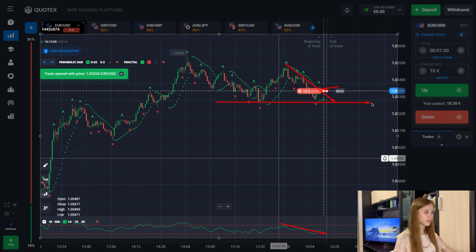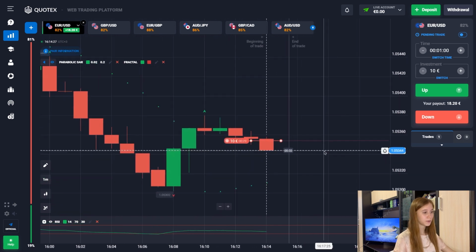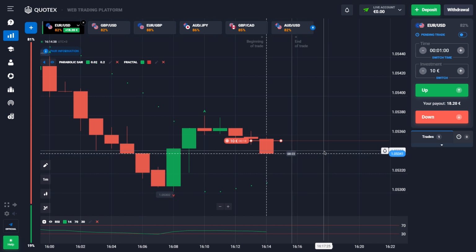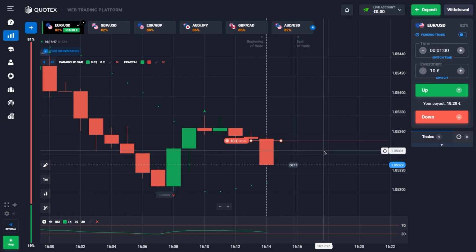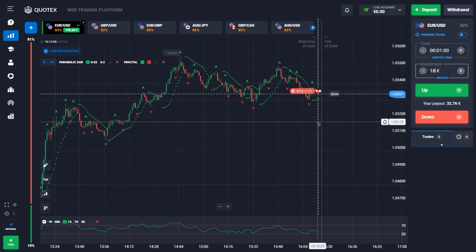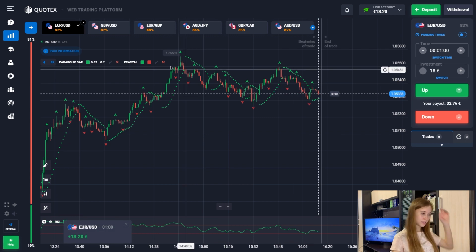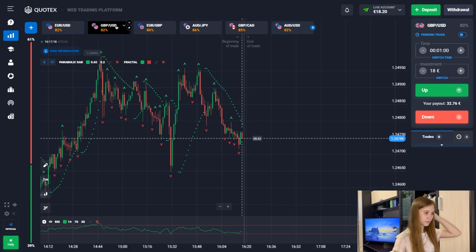I still think that the price will make an attempt to fall to the support area. Now it should go into correction and we are waiting for the result. And we close the deal in plus and move on.